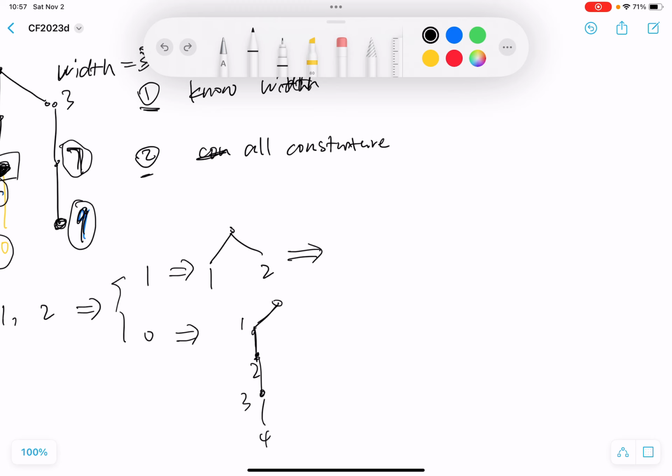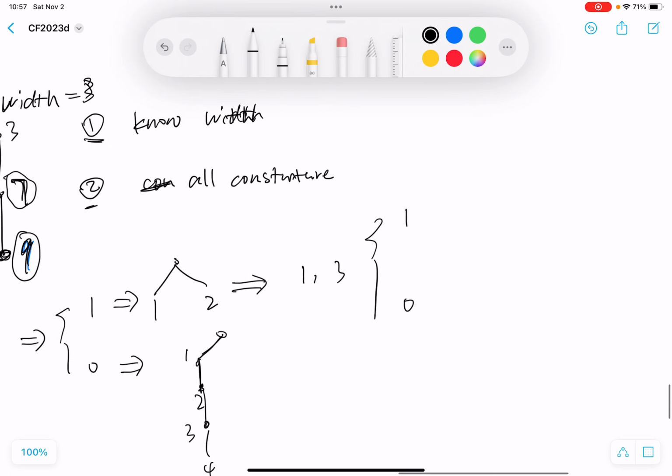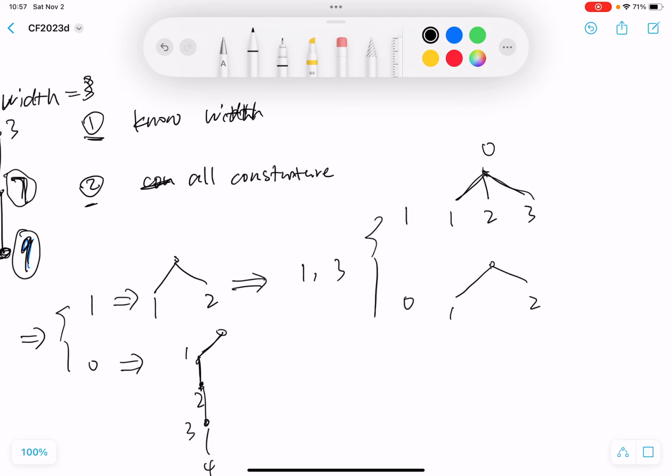Actually, we can query 1, 3. There are two kinds of situation, 1 or 0. If it is 1, that means 1, 2, 3, because 1 and 3 contain node 0. If it is 0, it means 1, 2, and 1, 3.